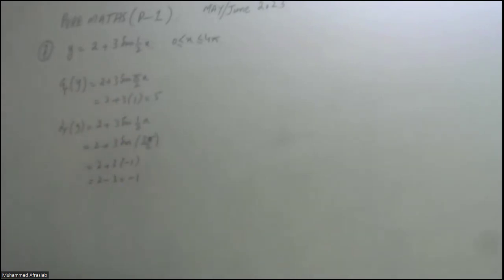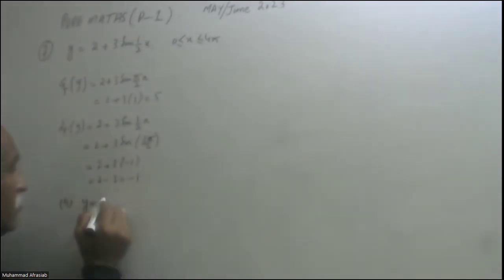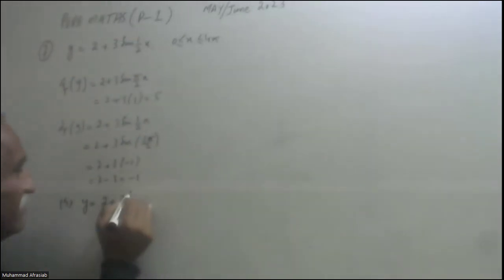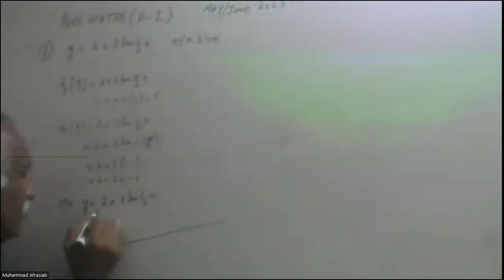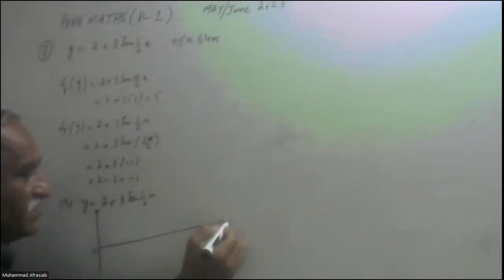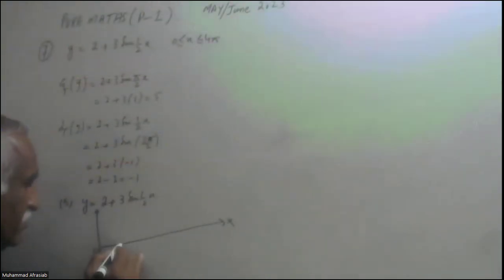For the second part, we are going to draw the sketch of this curve y equal to 2 plus 3 sine of half x within the range of 0 till 4 pi. This is 0, this is x, this is pi, 2 pi, 3 pi, and 4 pi.